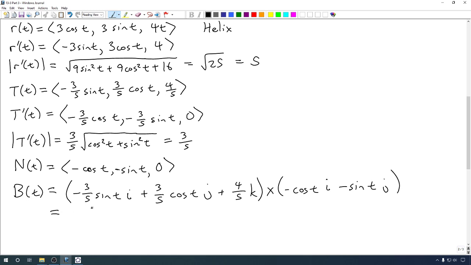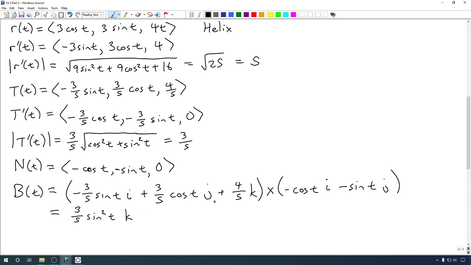If we go ahead and work these out, first, i times i gives us 0, so we don't have to worry about that one. i times j is a positive k, that's the correct direction. So we have negative 3/5 sine times negative sine, or in other words, a 3/5 sine squared times that k.